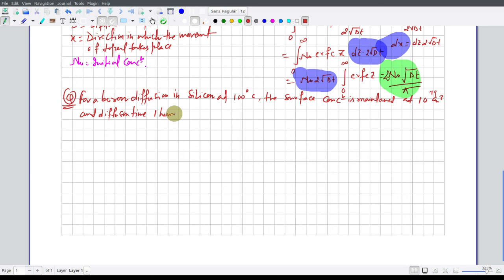We have to find the total amount of impurity.